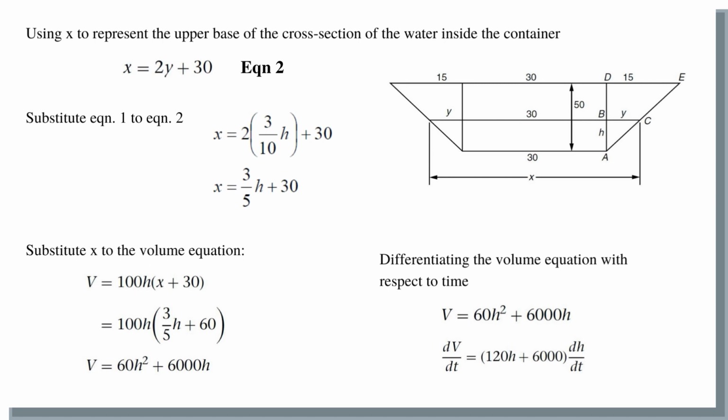After that, substituting the first equation into the second equation, eliminating y and expressing the second equation in terms of the height, we obtain an equation of x equals 3/5 of h plus 30. So this is an equation of x in terms of h.